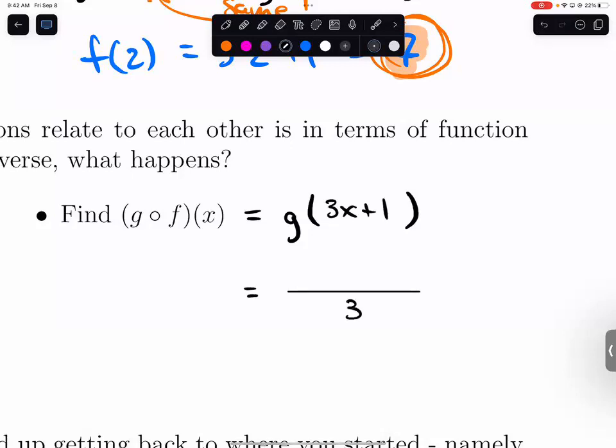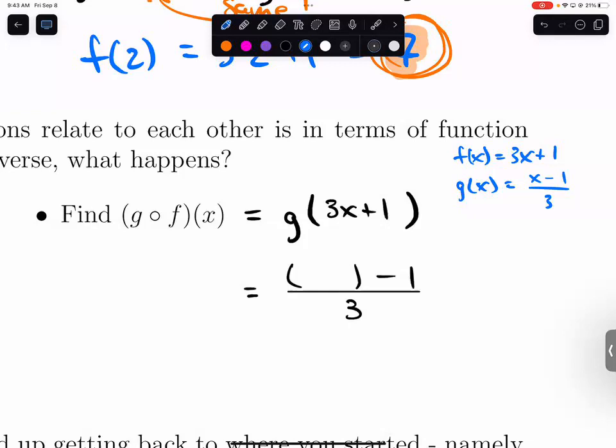What's it look like when you plug that into g? G of anything looks like this, right? Thing you're plugging in minus 1 all over 3.